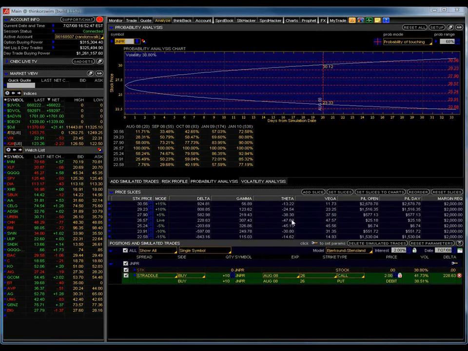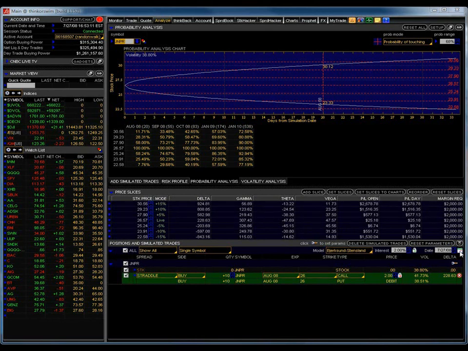All the time we need to consider the fact that we need to make more than the amount that we're losing based on theta decay. In this particular issue, the theta at the current price is minus $47.69. That means for each day that goes on without the price moving, we will lose $47.69.